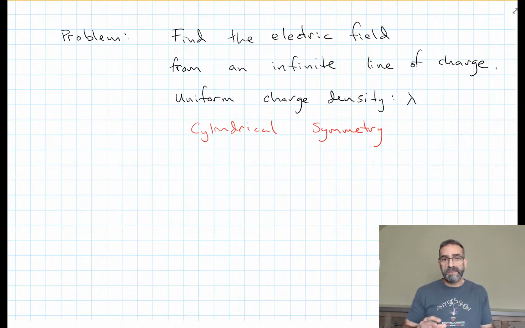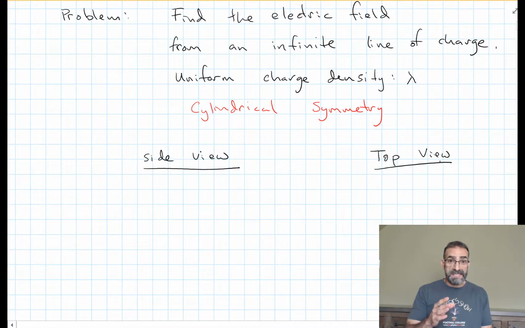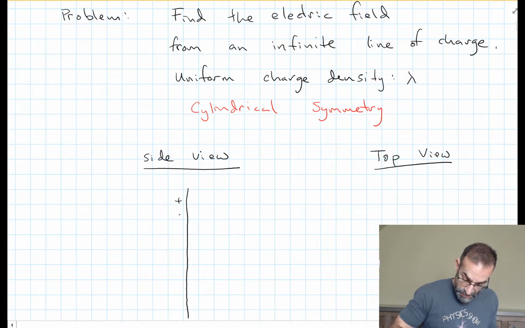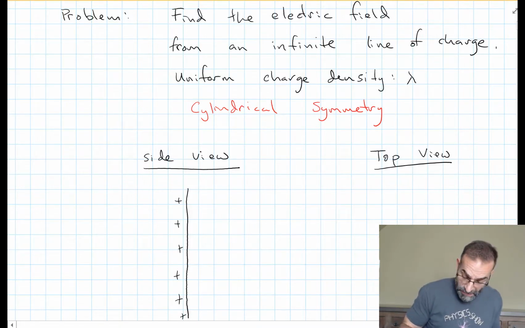Let's take a look at why we have cylindrical symmetry. If we take a side view of our infinite line of charge, here's our line of charge. Let's just make it positive charge. And if we look at it from the side, the electric field is coming off like this.